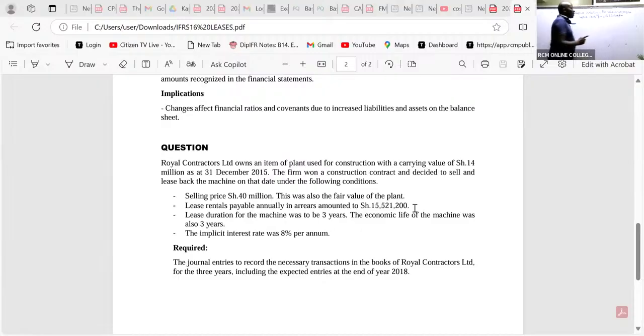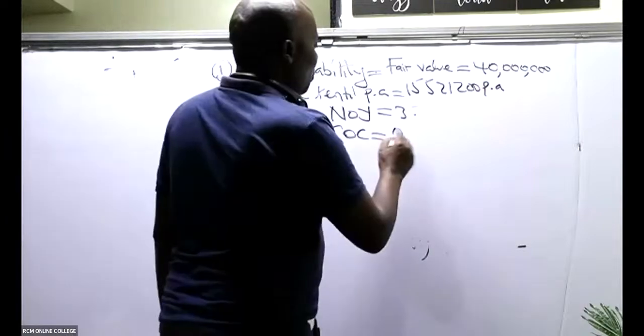This lease rental will be paid for how many years? Remember, this is supposed to be a lease for 3 years, so the number of years is 3. And then they have also given us the cost of capital, or the implicit interest rate. This is the rate of return. The implicit interest rate is 8%.